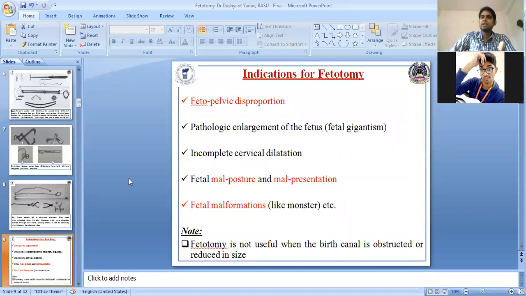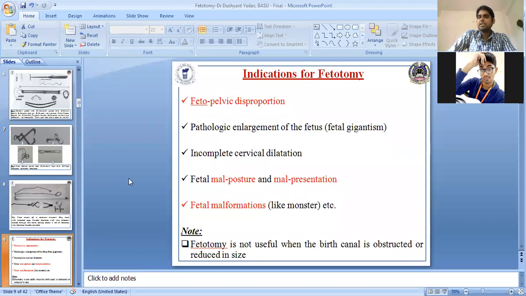And in the case of pathological enlargement of the fetus, like in the monster fetus and fetal gigantism and other things. And incomplete cervical dilation. When cervical dilation is not very much less, but a little bit compromised, then it will be helpful to use the phytotomy to deliver the fetus.